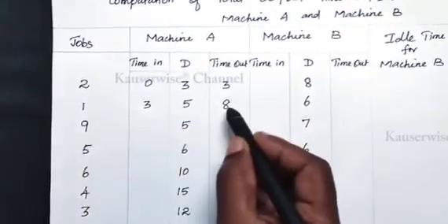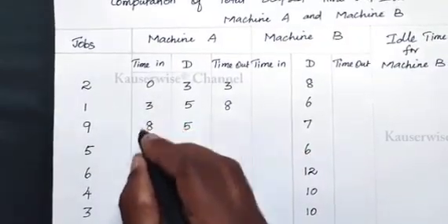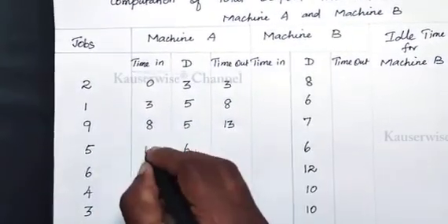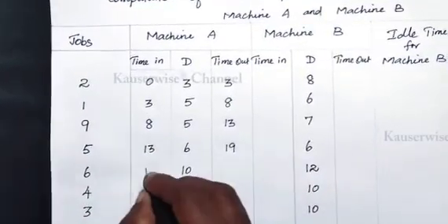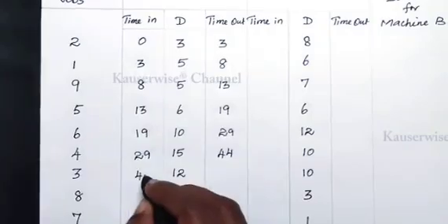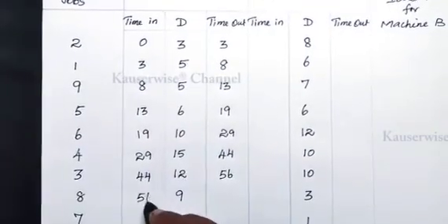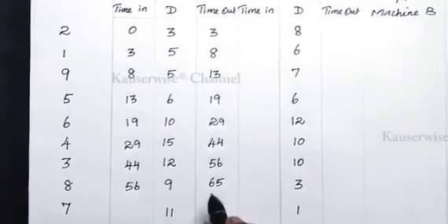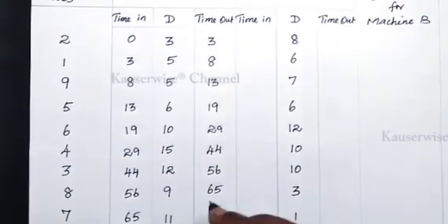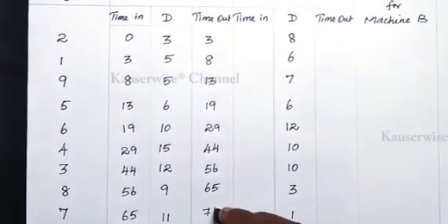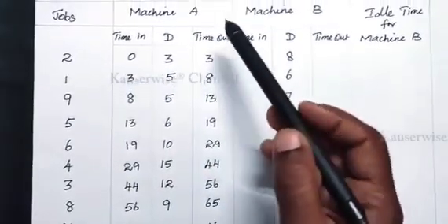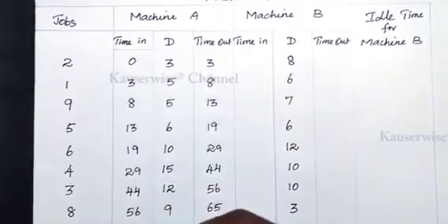The in time is 8. 8 plus 5, 13 is the out time. Then the in time is 65, plus 11, 76. This is the way to find the in time and out time for machine A according to this sequence.